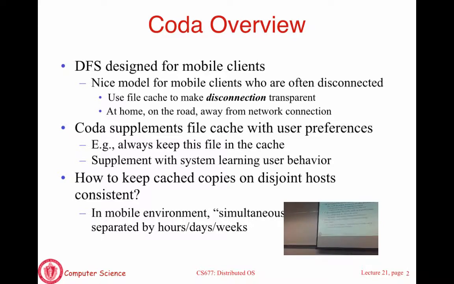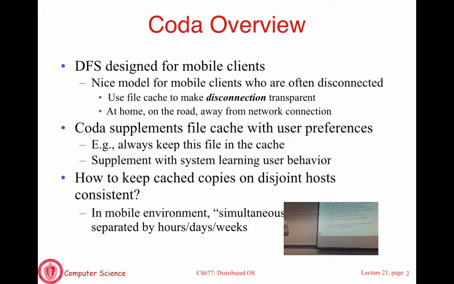Today, mobile clients are pervasive, but think about 20 years ago when laptops were not very popular. But they thought that the future world is going to be one where you will have lots of mobile devices accessing data. And the question was, how do you design a distributed file system that is specifically tailored to the needs of mobile devices?